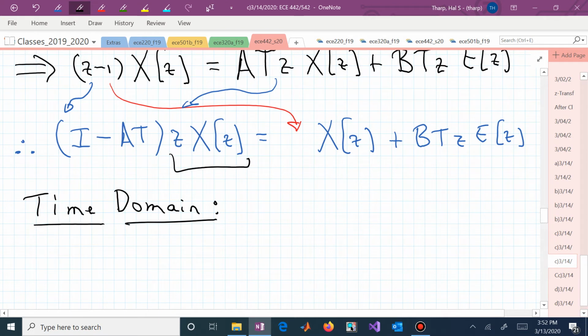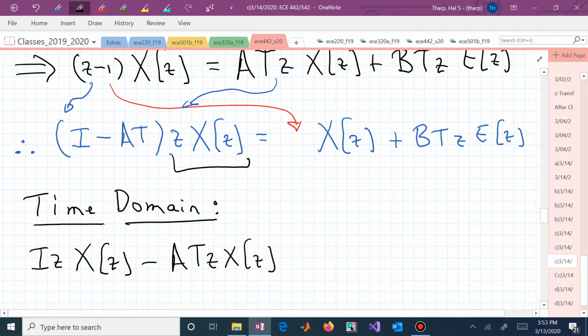what happens here? Do you see, in fact, that if we break this apart, we have I z X of z, and we have a minus A t z X of z. What are those going to look like in the time domain?